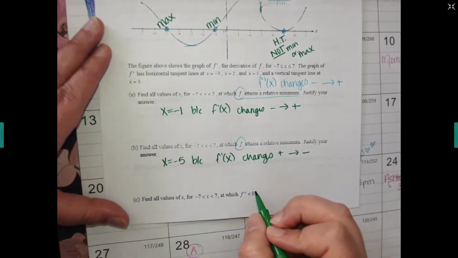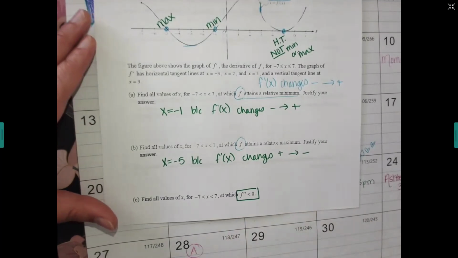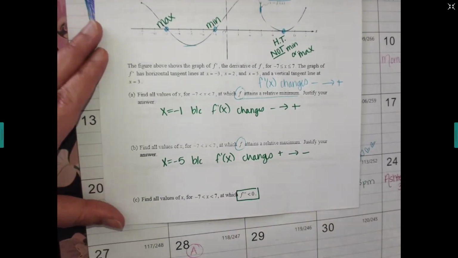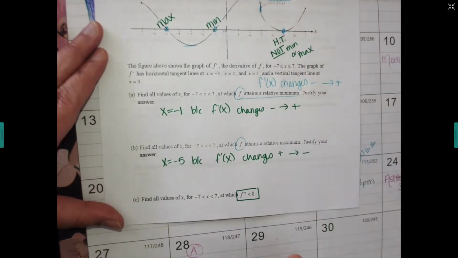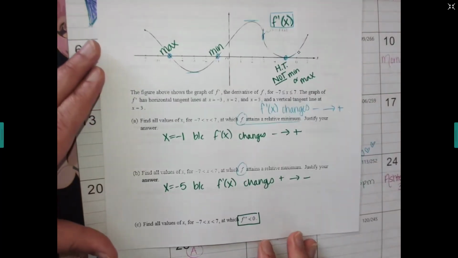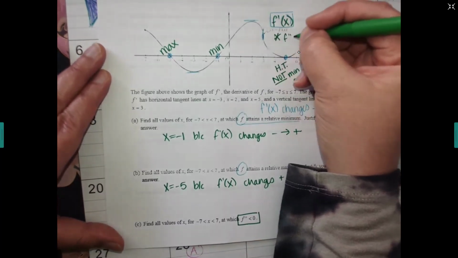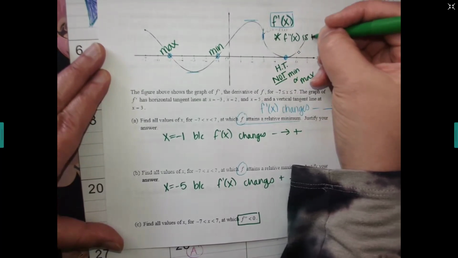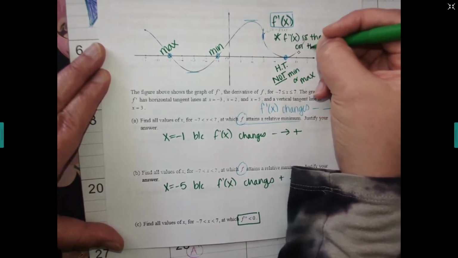Okay, next one says I want the second derivative, so f double prime, to be less than 0. So if this is a graph of f prime of x, what feature would f double prime be? Very good. So I'm going to put here f double prime of x is the slope on this graph.